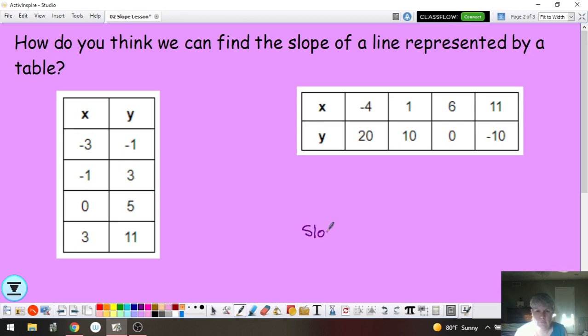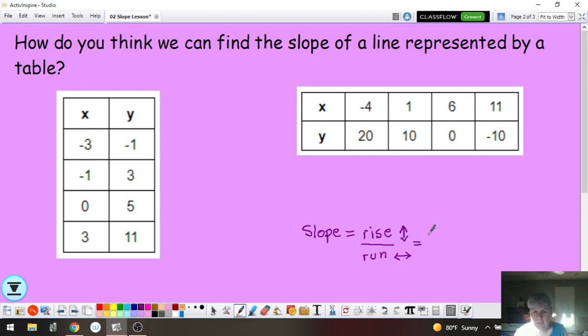We said slope is rise over run, and we said that rise was that vertical change, that up and down change, and that run was the horizontal change, the left or right change.